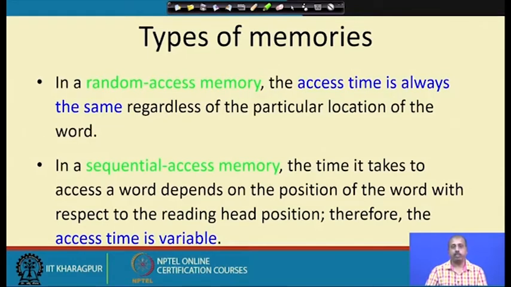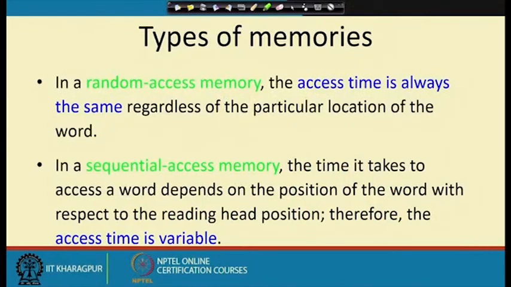As I was telling previously, since the disk is rotating, if the word you are trying to access is close to the read write head, it will be accessed much faster compared to the situation where the actual data point will come much later. So, it is not adjacent to the current head position. In that case it will take time for the disk to rotate and the head to get aligned to that location.